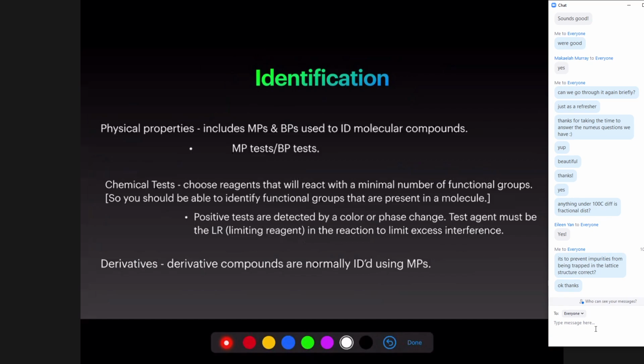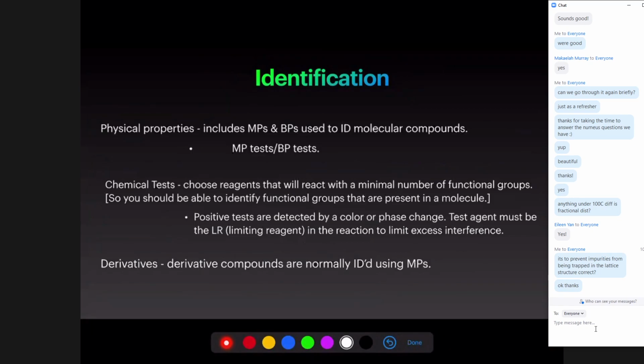For your chemical tests, you should choose reagents that will react with a minimal number of functional groups. So you should be able to identify functional groups that are present in a molecule using chemical tests. Positive tests are indicated by color or phase change.